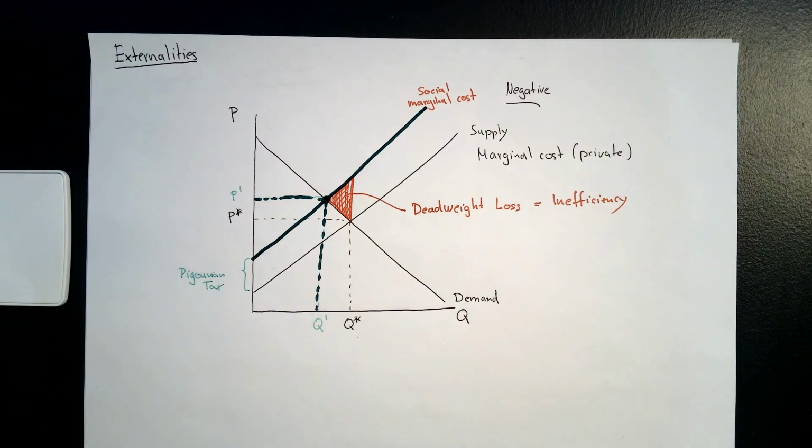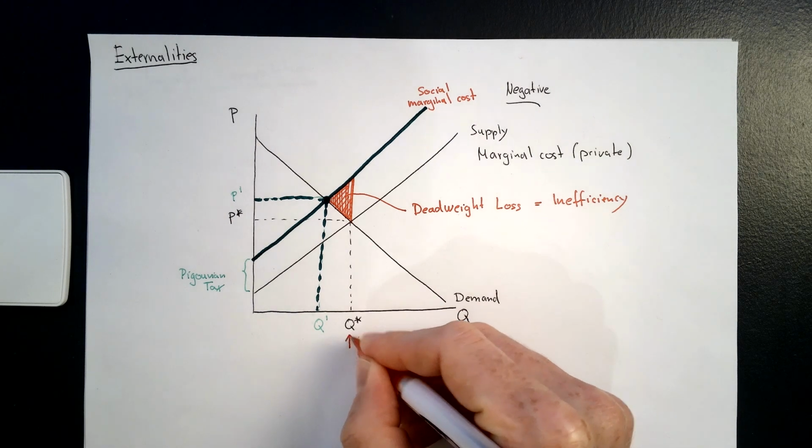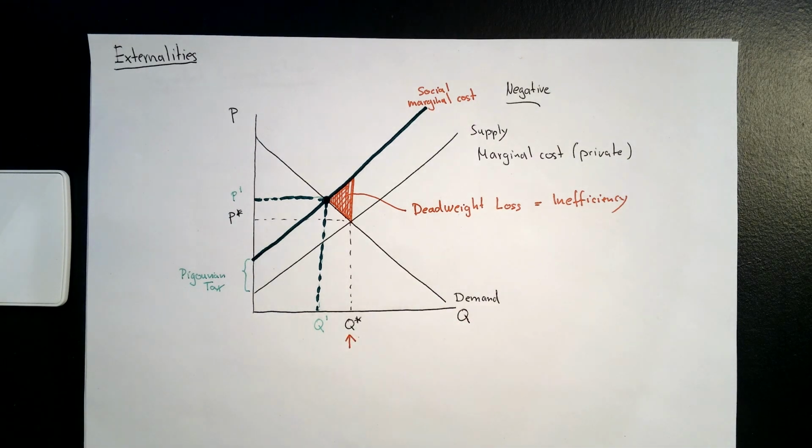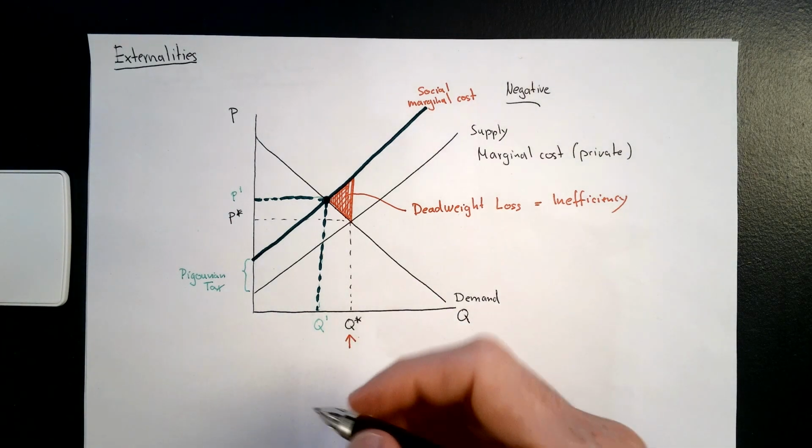Okay, so this is what we mean, that a good with negative externality is overproduced, in the sense that in the absence of regulation or in the absence of any policy, the good would be produced at Q star, but in reality you want the good to be produced at Q prime.